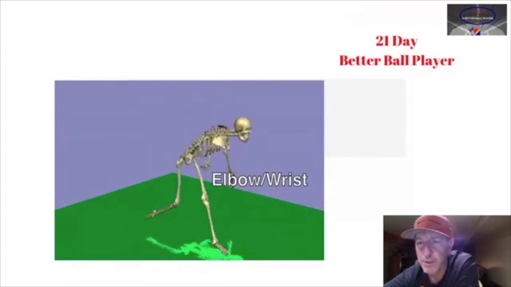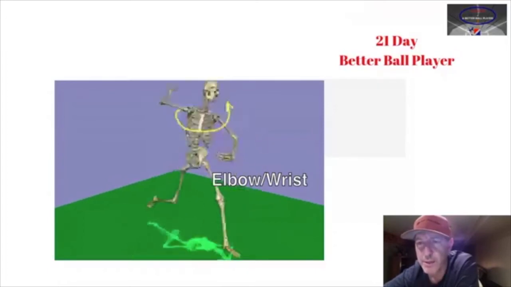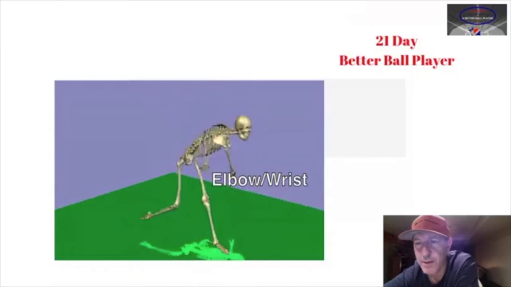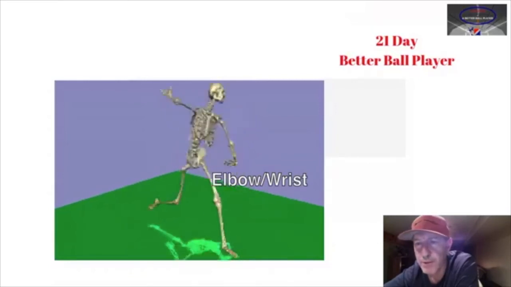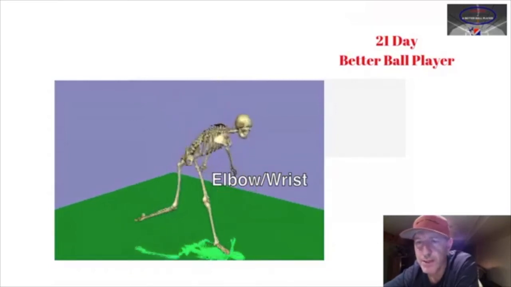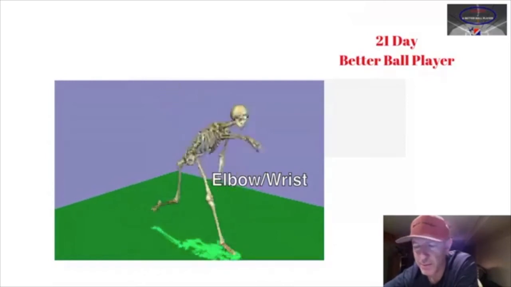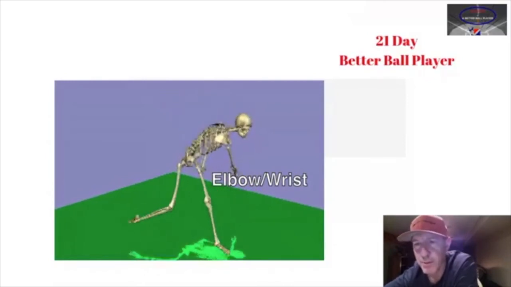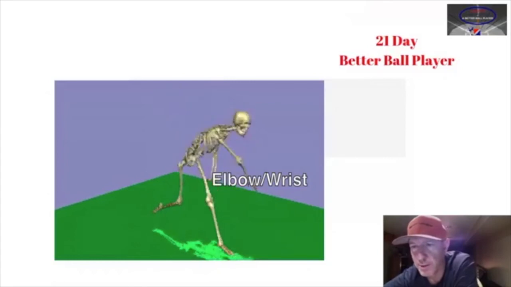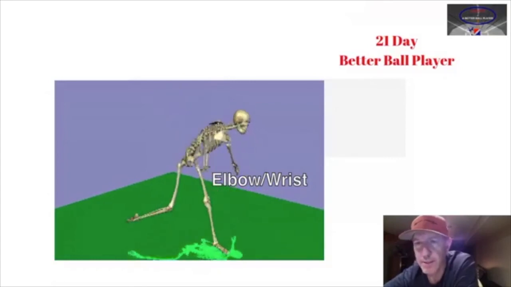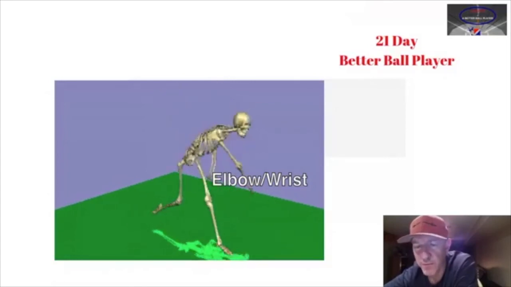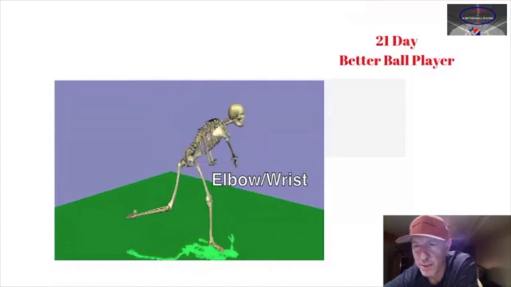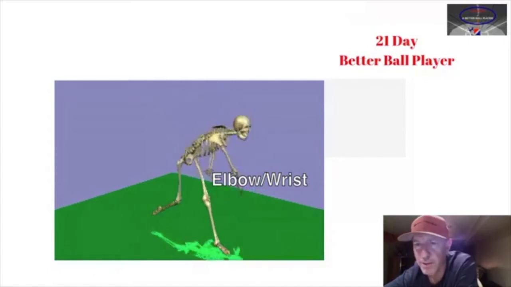But when we start to understand the physics and the scientific laws that are in play when it comes to throwing pitches, and the understanding that if I pull down on the backside of the ball, I'm going to impart some velocity, depending on where my fingers are. If I'm forward on the ball, I'm going to get a little more depth with it. If I'm to the side of the ball.